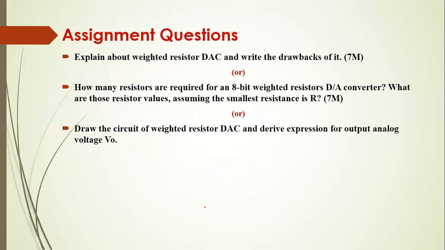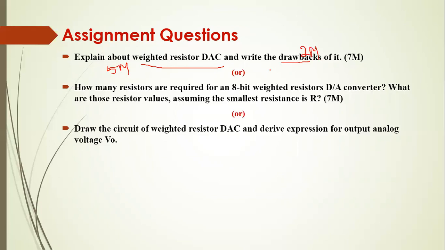Next, these are the assignment questions that we can expect from this topic. First one is: explain the weighted resistor DAC converter and write the drawbacks of it. So here we have to draw the circuit diagram of the weighted resistor DAC converter, and with the help of a graph explain its operation. For this operation you will be having 5 marks, and for the drawbacks you can have 2 marks.